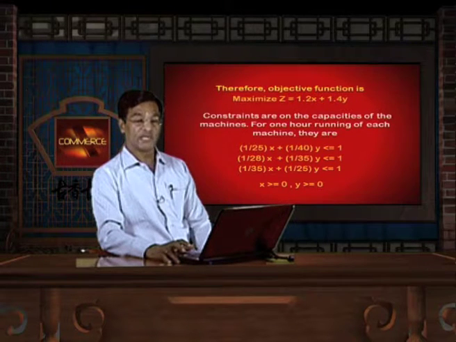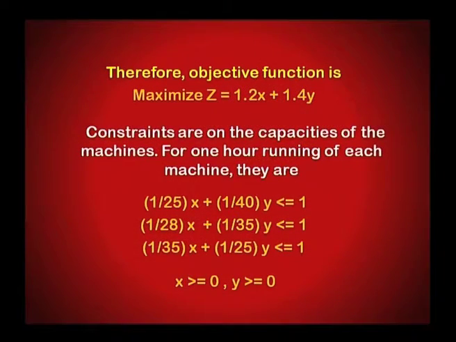Therefore, the objective function is to maximize Z equals 1.2x plus 1.4y. Constraints are on the capacities of the machines for 1 hour running of each machine. They are: 1/25 x plus 1/40 y less than or equal to 1.